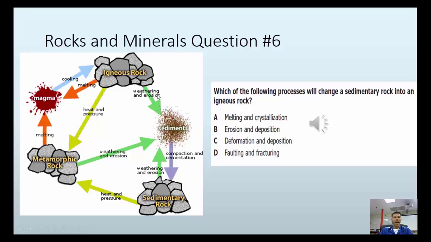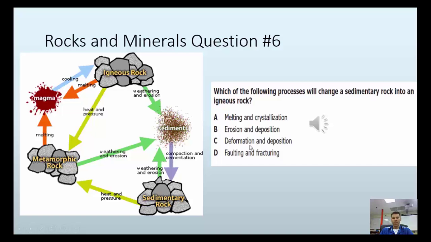Well, it honestly doesn't matter which type of rock we're talking about here, sedimentary or metamorphic rock. The only way we can get an igneous rock is the cooling of lava or magma. So, our possibilities here: melting and crystallization, sounds alright. Erosion and deposition, no, that's how you get sedimentary rocks.